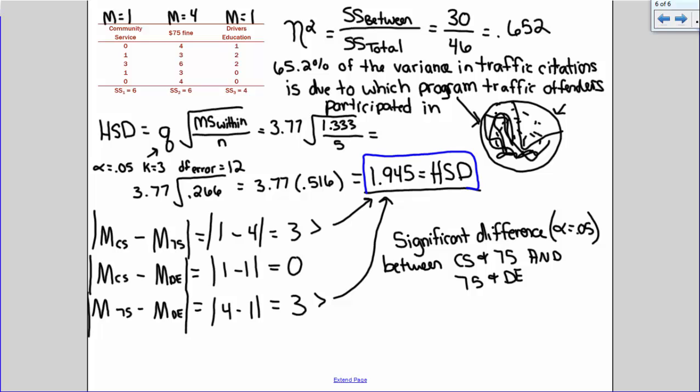I'm writing that shorthand. On a quiz, you probably don't want to, but there you go. Okay. We know this one's not significant because 0 is less than 1.945.